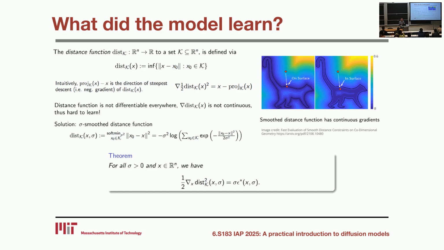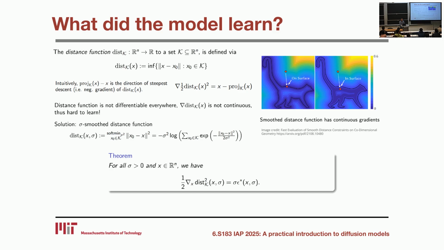You're trying to smooth this distance function and smooth the projection to this data set, and that's what's causing it to predict more and more towards the mean of the data as you add larger and larger levels of noise. This is one way that I think about what's happening when you try to predict the X0 given noisy data with larger and larger levels of noise.